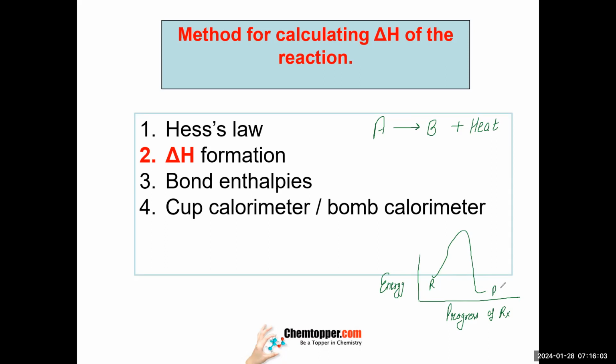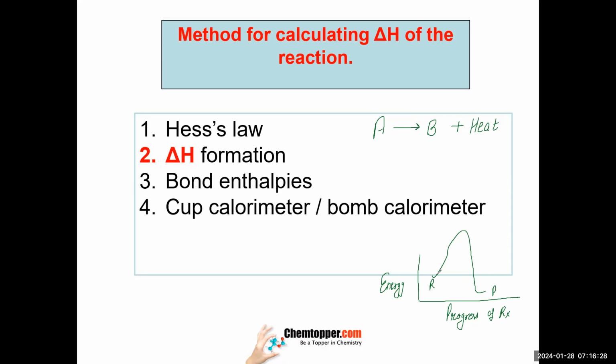The product is more stable. Which one has stronger chemical bonds? Bond is attraction. So which one has stronger attraction? Product. In which case is it easy to break the bonds, in reactants or products?